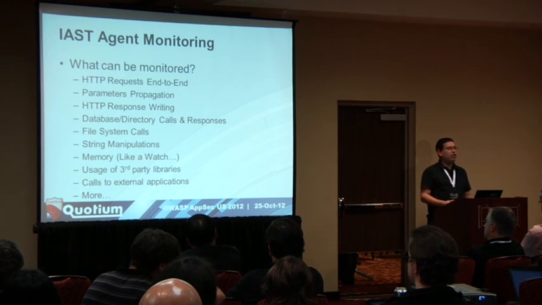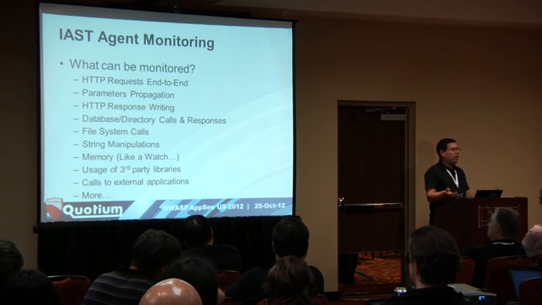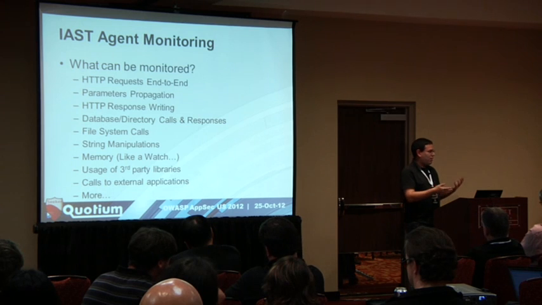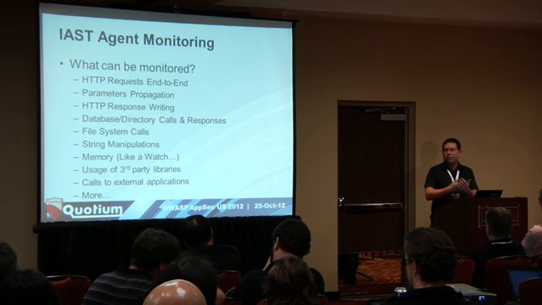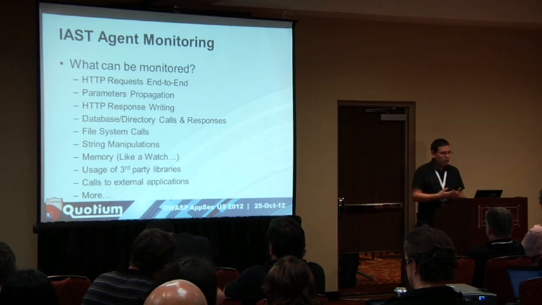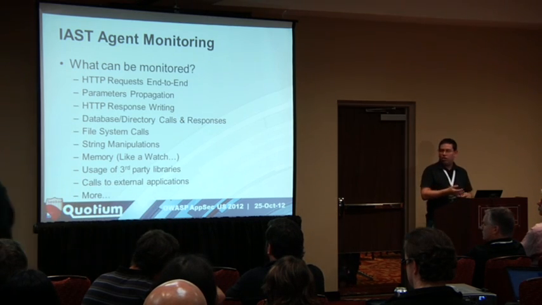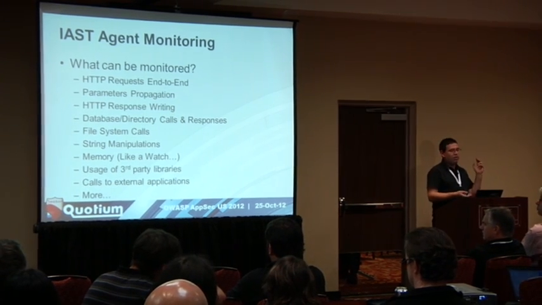Of course, I can see the HTTP response writing. So if we're looking at vulnerabilities like cross-site scripting, anything with writing back to the client side, we can see it being written at the server level. Database calls, directory calls, file system calls, basically anything. And also, we can see everything that goes to third-party libraries. So runtime analysis is not analyzing the source code.